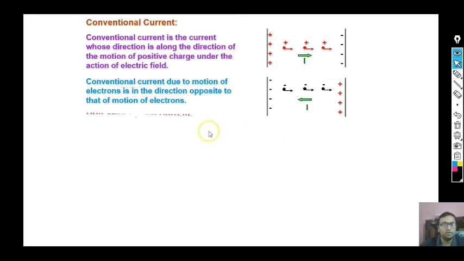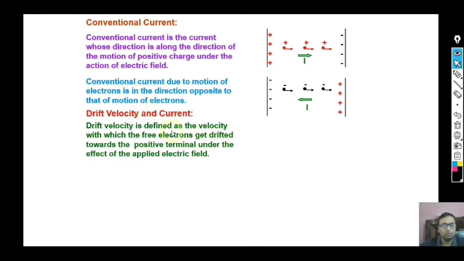Next topic is drift velocity and current. Now we will understand this topic. First we will go to the definition of drift velocity. It is defined as the velocity with which the free electrons get drifted towards the positive terminal under the effect of the applied electric field.